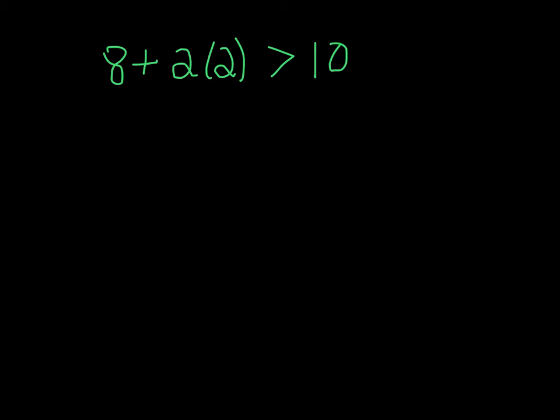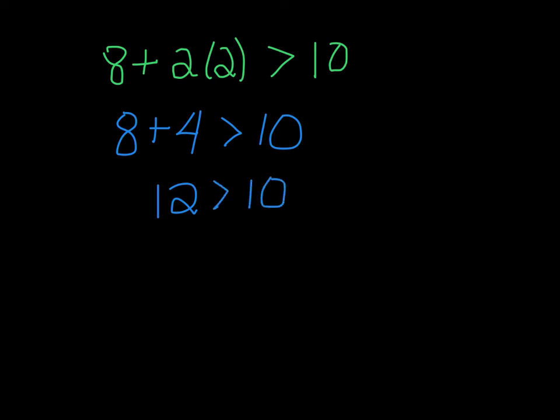This is a closed sentence since there are no variables in it, so now we'll determine if it's true or false. We have 8 plus 2 times 2, which is 4, so 8 plus 4 is 12. It's greater than 10. This is true. We know that 12 is greater than 10.